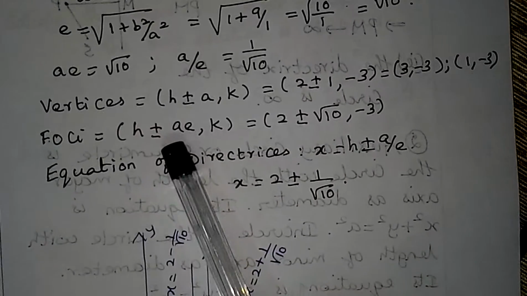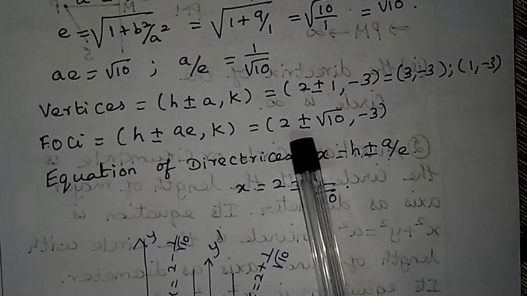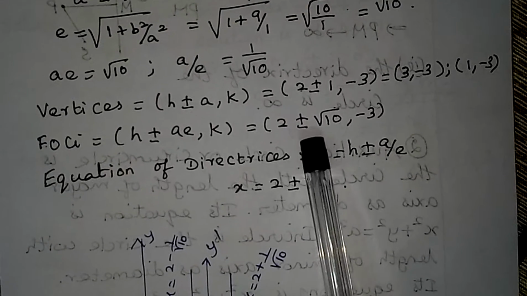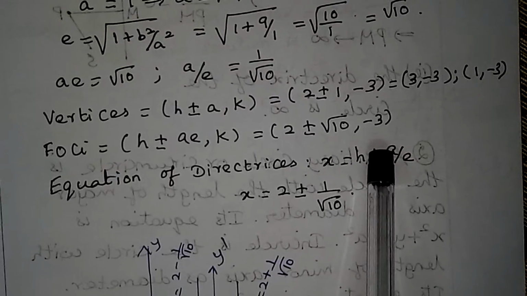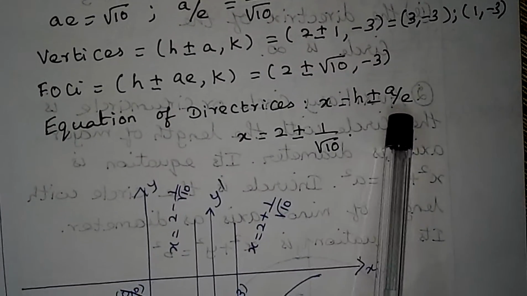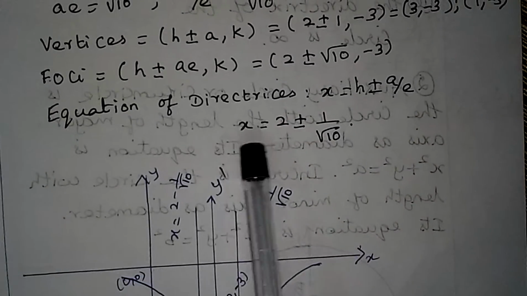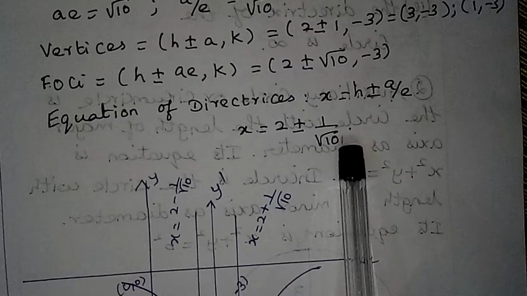Now foci. Foci is h plus or minus ae comma k. H value is 2 plus or minus ae we have found out here, it is root 10, then comma k is minus 3. Equation of directrices is x equal to h plus or minus a by e is the formula. So x equal to h is 2 plus or minus a by e, which is 1 by root 10.